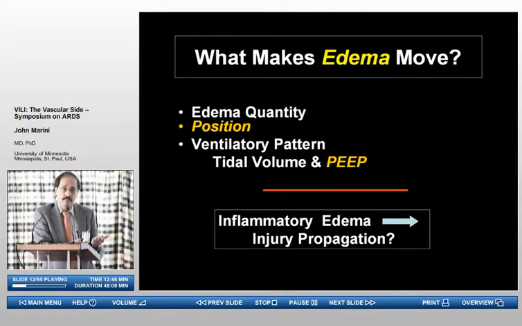It also has inflammatory material in it, which, if it bridges over into another area, will start an inflammatory process locally as well. The kinds of things that influence the movement of edema in the airways include the edema quantity and the ventilatory pattern, particularly tidal volume and PEEP, and also position. Gravity is a very important determinant of what happens to airway fluids.